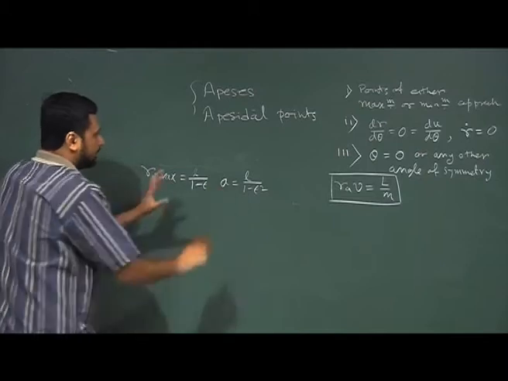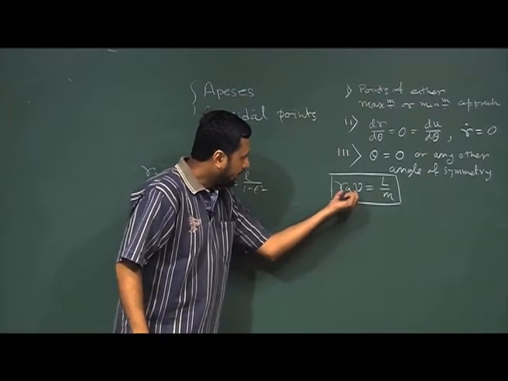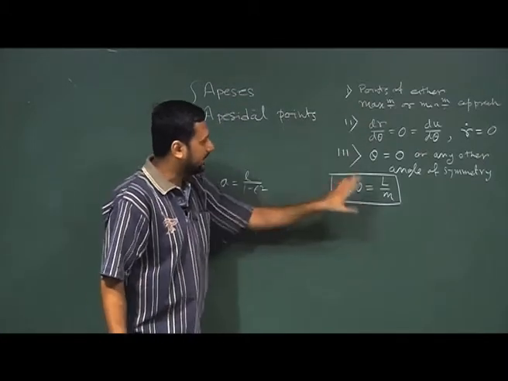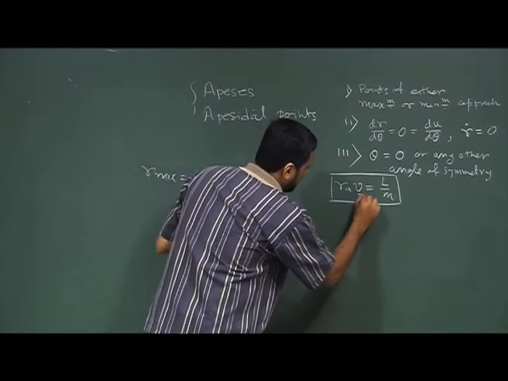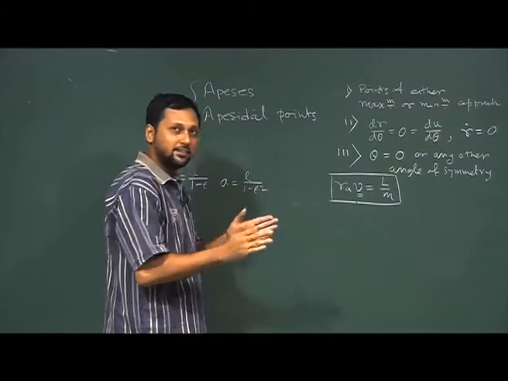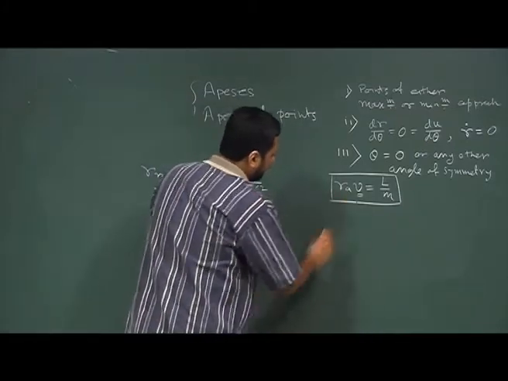Let's understand this. Now, r_a is either a minima or a maxima in the orbit. So that means the velocity is either a velocity maxima or minima, because r and v are inversely related.